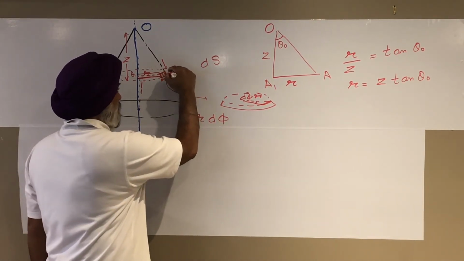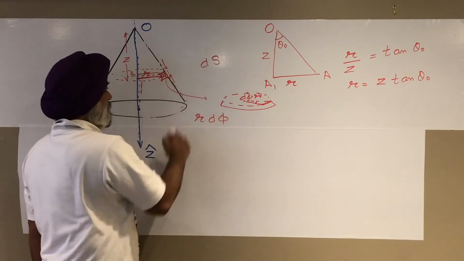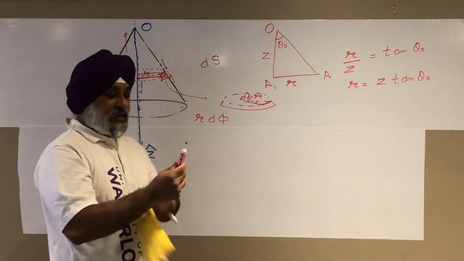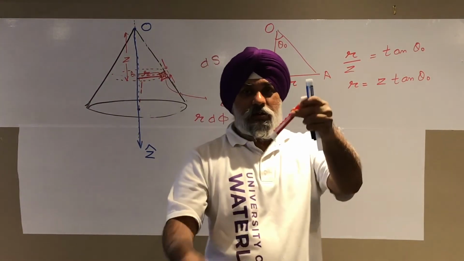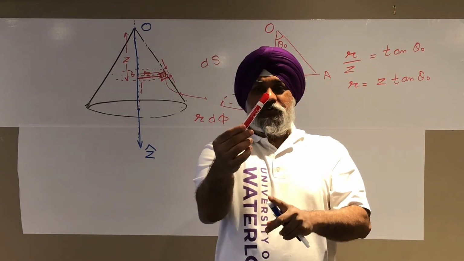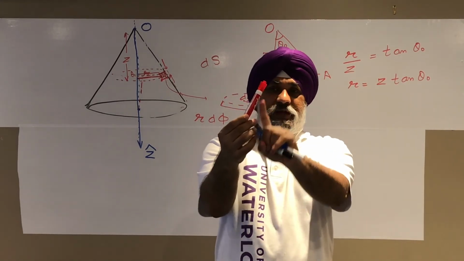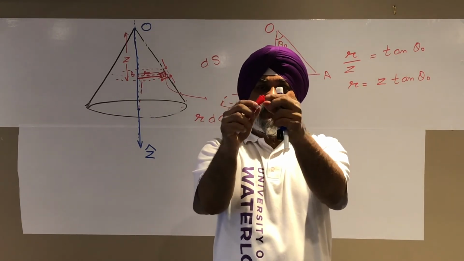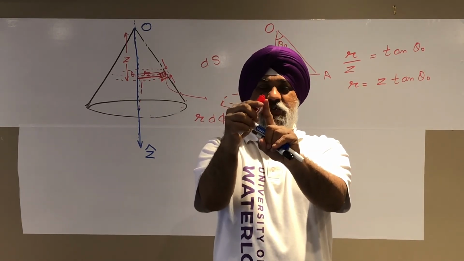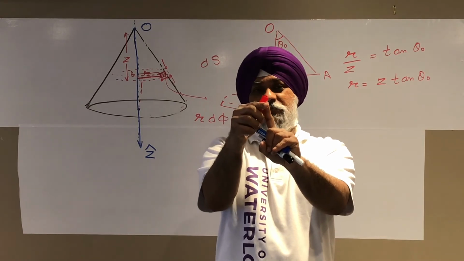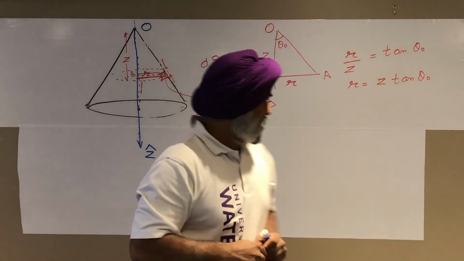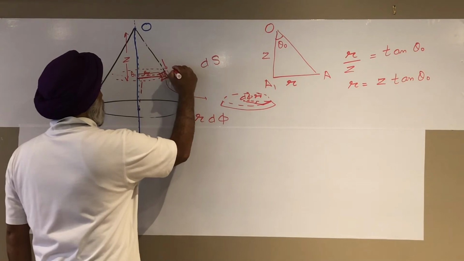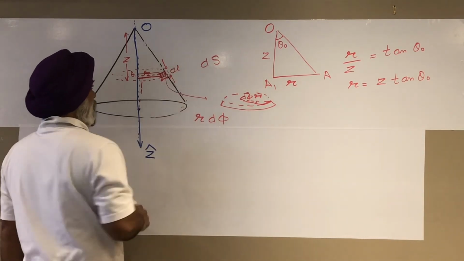However, the length which we have on the side is not dz. We have a cone, and this is the surface of the cone. Z is going downwards. We have taken a small subsection of this length, which is going to be slightly larger than the small subsection in Z. So let's call this dl for the time being.